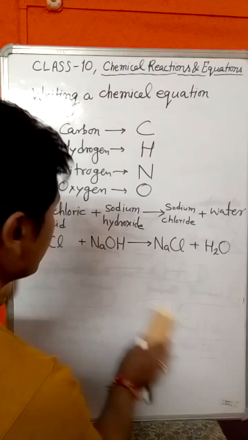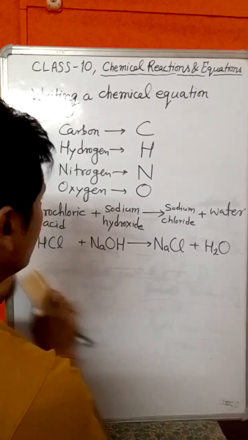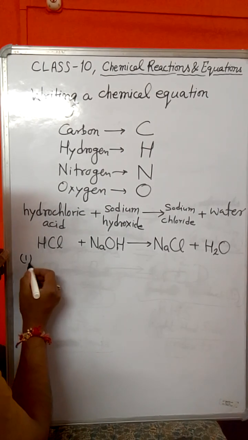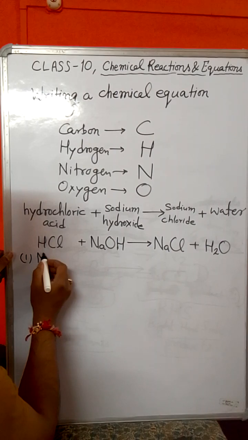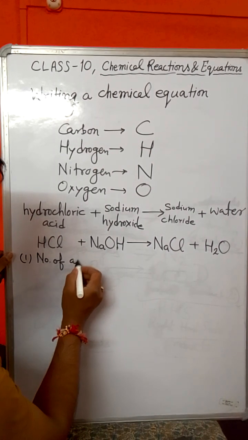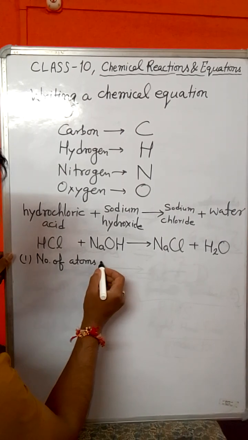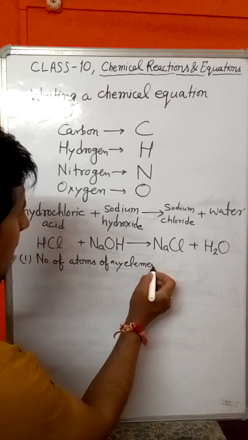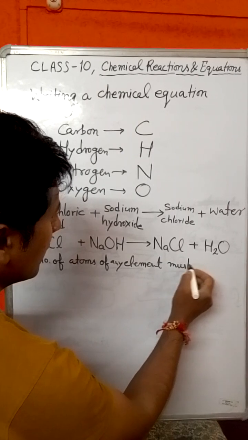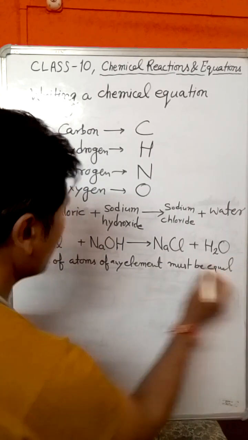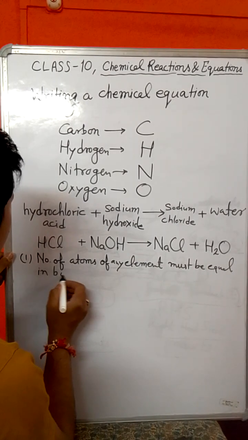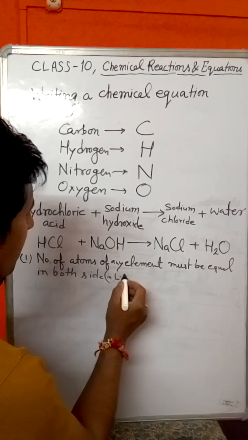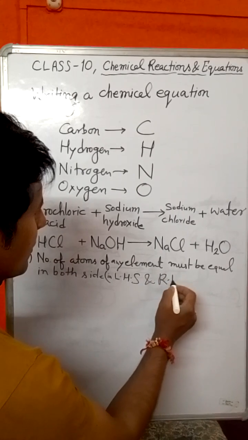Now the other important point that you need to consider when you are writing any chemical equation is, first of all, you need to understand that the number of atoms of any element must be equal on both sides, means both in LHS and RHS.